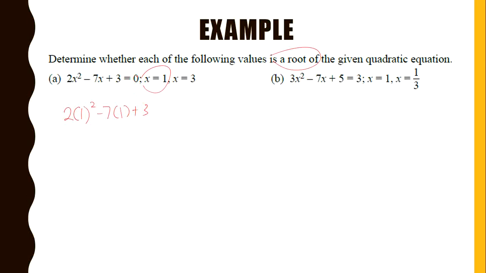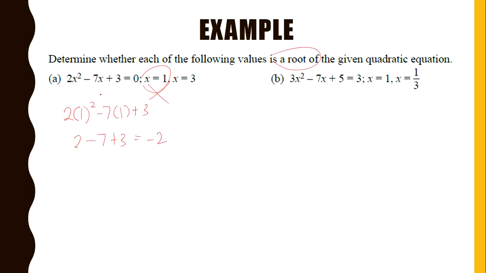Kat sini kita kena equals to 0. Betul tak equals to 0? 2 dapat 1 square, 2 minus 7 plus 3. Dapat negative 5 plus 3, we get negative 2. Salah, tak dapat. Bila tak dapat, sini patut 0 kan? Kita dapat negative 2. So, salah lah. Maksudnya x equals to 1 is not the root lah.